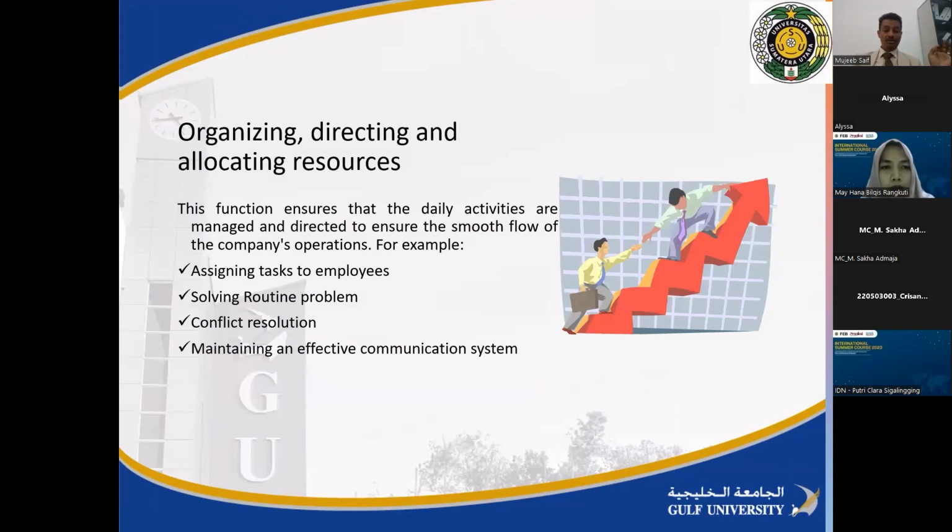So this planning is one function of the managers of the organization, and then there is organizing, directing, and allocating resources. If you are a manager, you should have experience in how you organize, how you direct, how you allocate resources, and how you deal with daily activities in the organization.